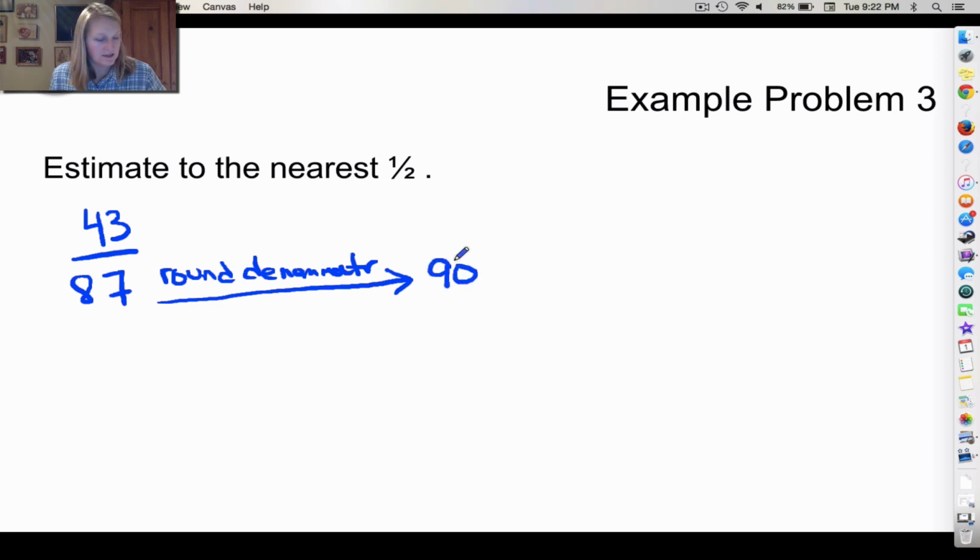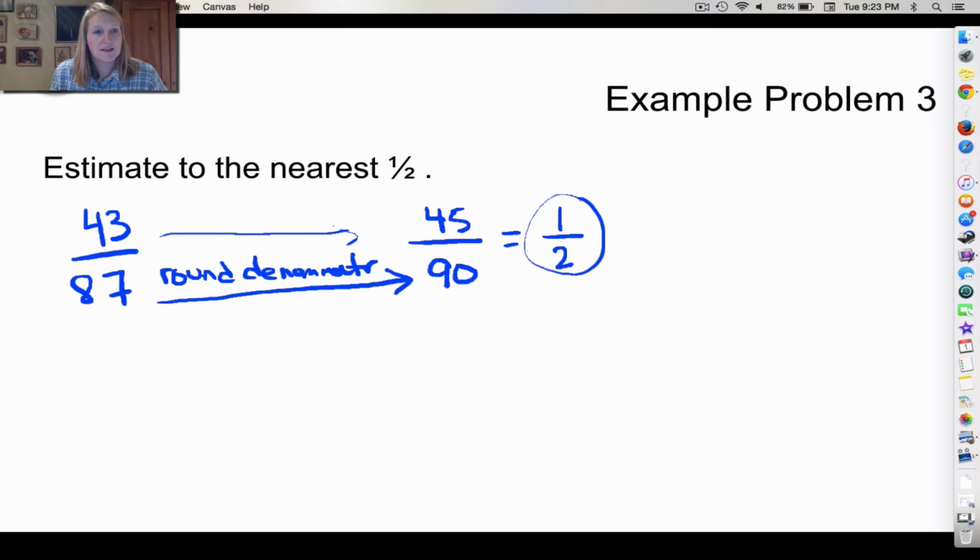So 90 is here, and go ahead and round this to a number. Zeros and fives are the way that we would round it. If you were to look at these two and reduce this, 45 is in fact half of 90, so you know that it's very close to 1/2, okay?